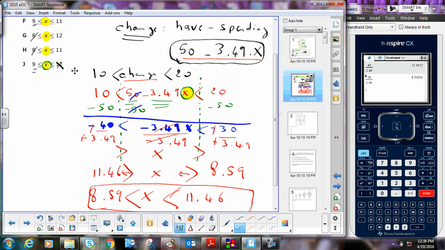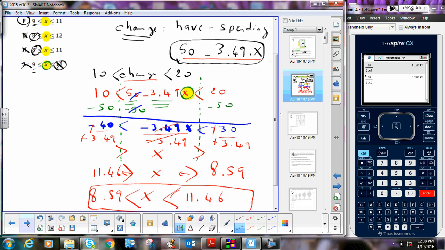So since we cross out G, we cross out H because of the 8. Also, since we cross out J because of the 12, the only answer is F. Yep, it could be 11 because 11 is less than 11.46, and it could be 9 because 9 is more than 8.59.